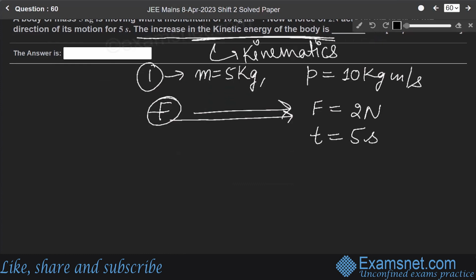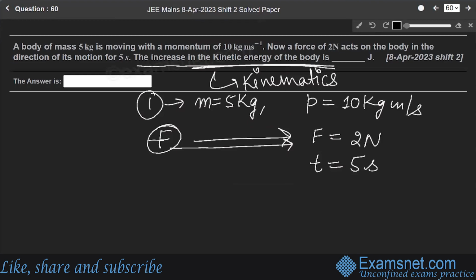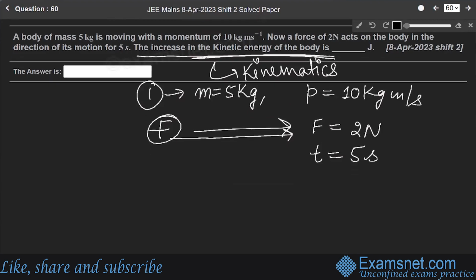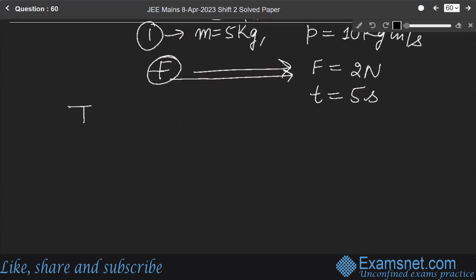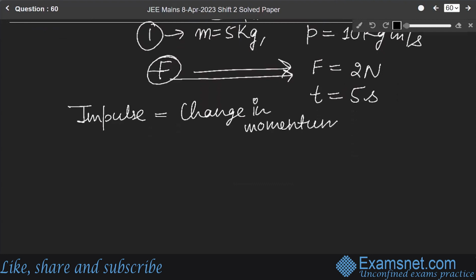Okay, so using the laws of motion, the impulse is equal to the change in momentum. Impulse equals force into the time for which it is acting.